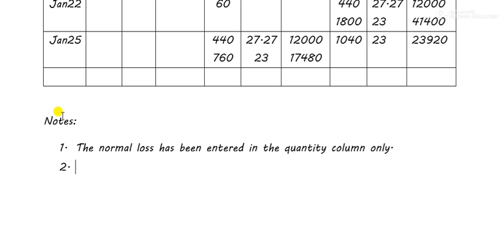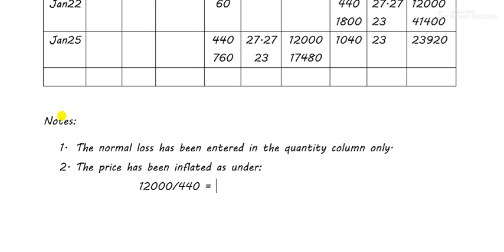Second, the price has been inflated as under: 12,000 divided by 440 is equal to 27.27.